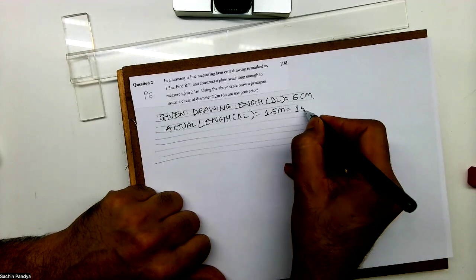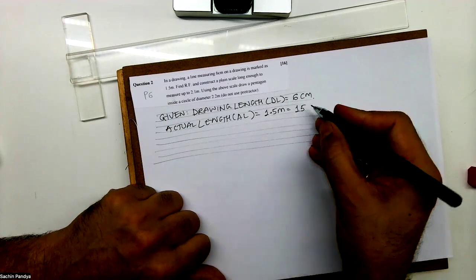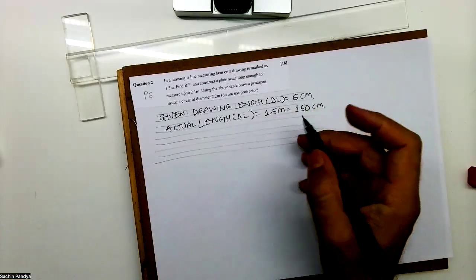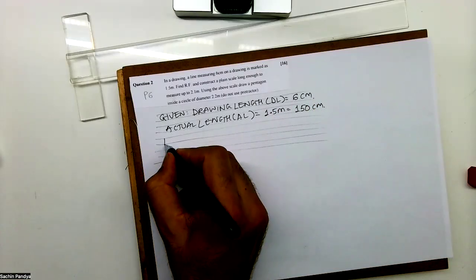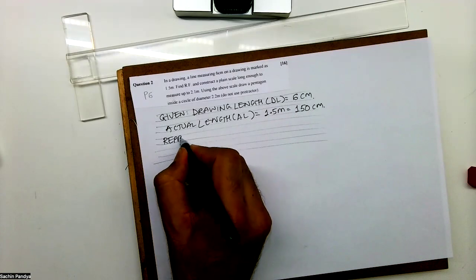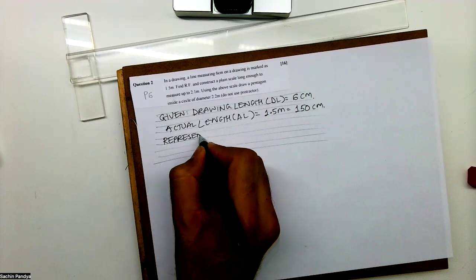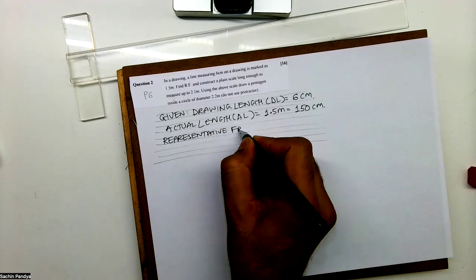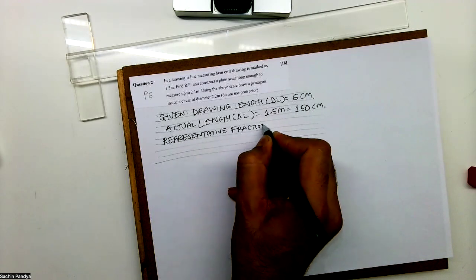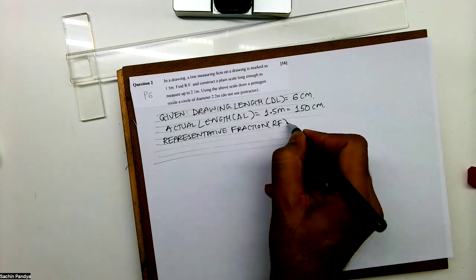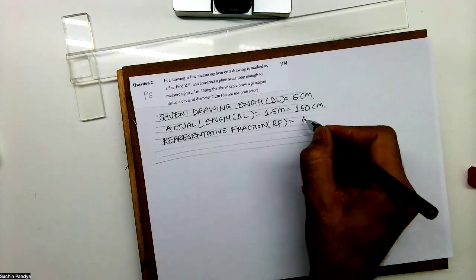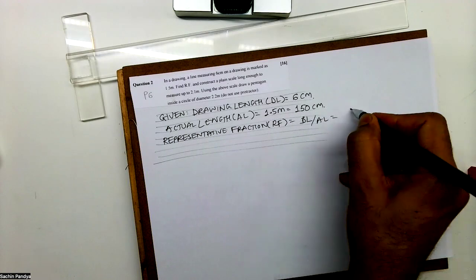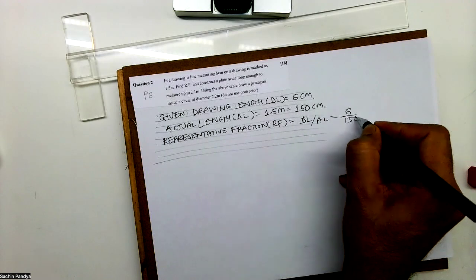So that is 150 centimeter. Can I say 150 centimeter? Right? Multiply by 100. What is representative fraction? RF. So it is drawing length upon actual length. So that is 6 upon 150.